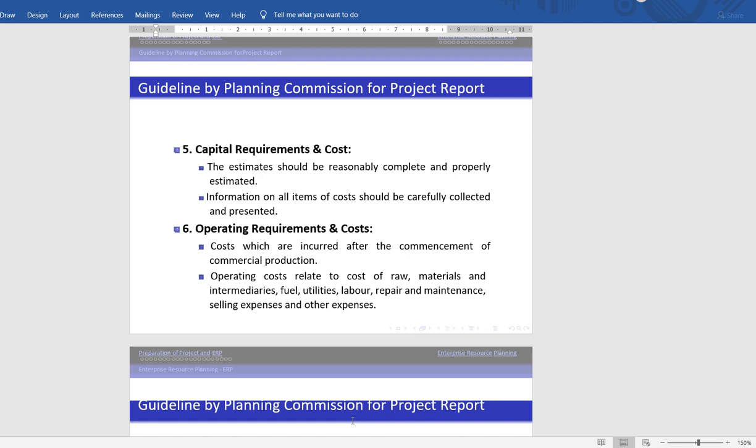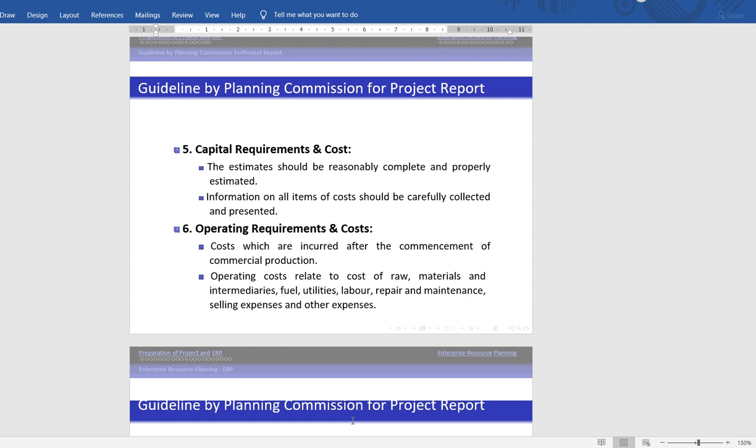The sixth point is operating requirements and cost. Operating costs are essentially those costs which are incurred after the commencement of commercial production. So whenever the product is put into the market, the costs that occur later should be collected and included in the project report.